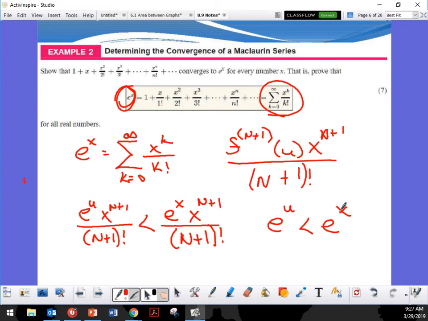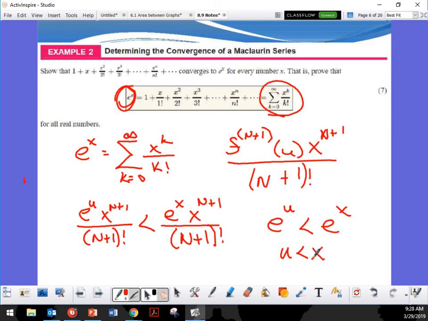More math, I could say that u will be less than x, for whatever is in this radius of convergence. So, inside that radius of convergence, I do have this one right here.